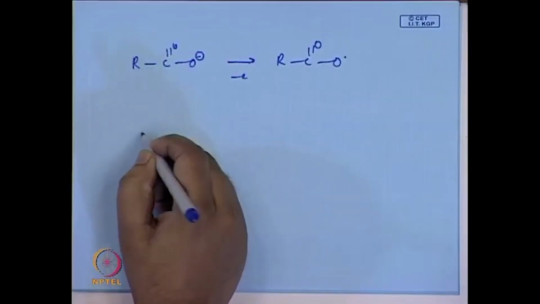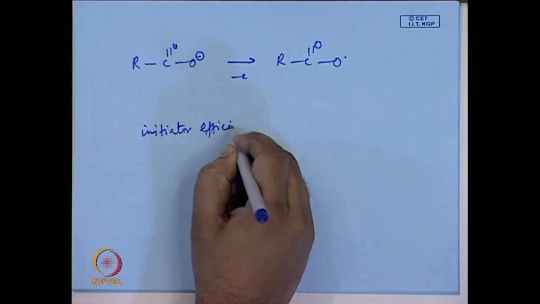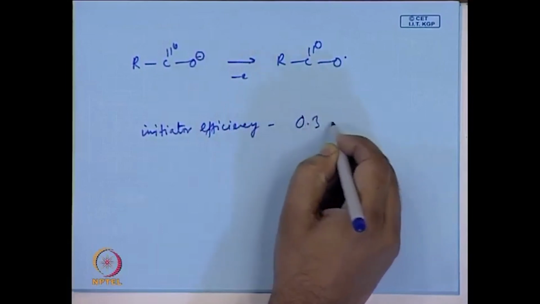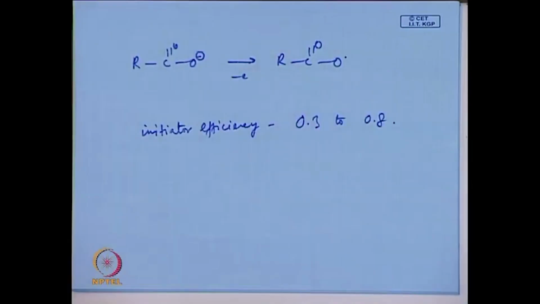The fraction of the radicals generated during this initiation process which start the initiation reaction is termed the initiator efficiency, and typically the initiator efficiency lies around 0.3 to 0.8, which means that among all the radicals generated, around 30% to 80% actually initiate chain polymers.